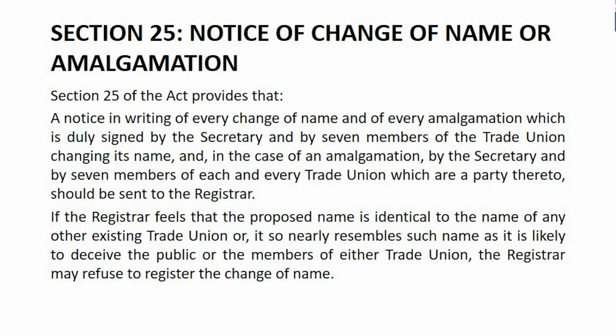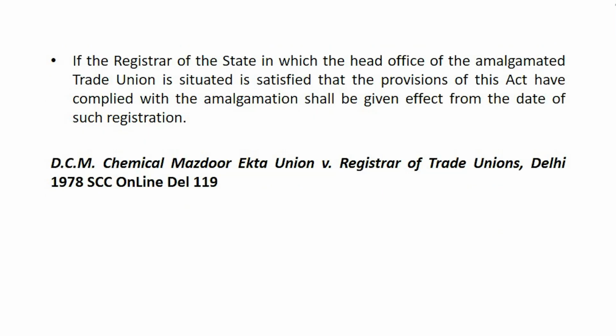The same applies to the change of the name: seven members have to agree and it has to be signed by the secretary. And the duty of the trade union is that if they go for the change of name or the amalgamation, they must inform the registrar.